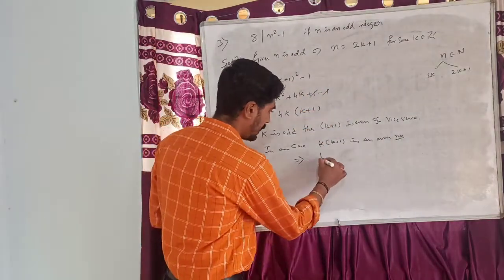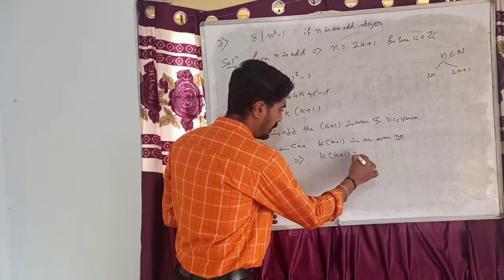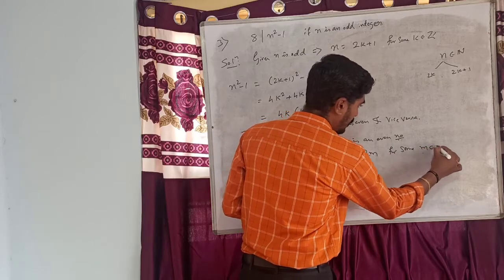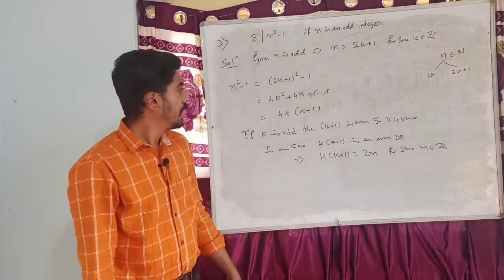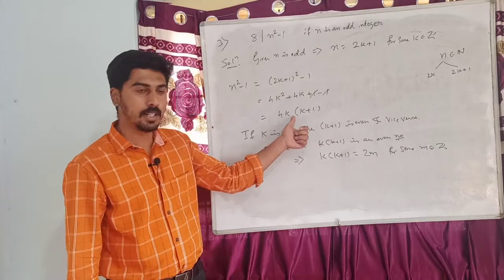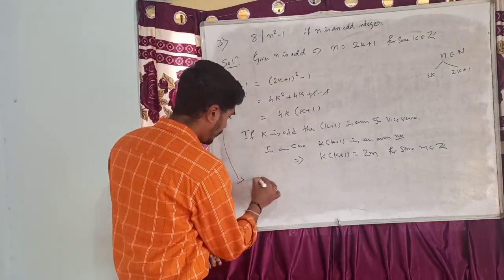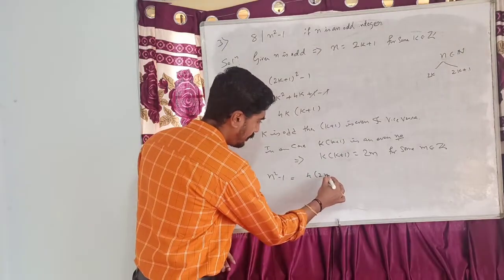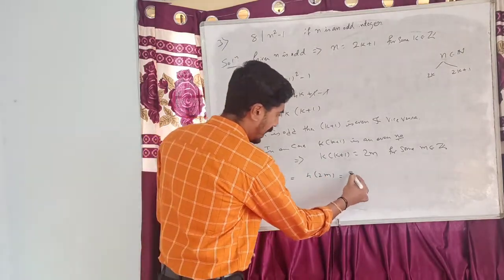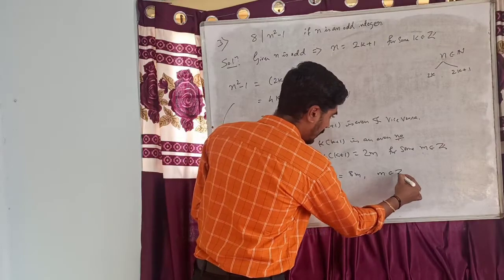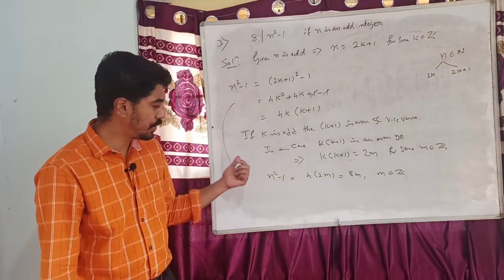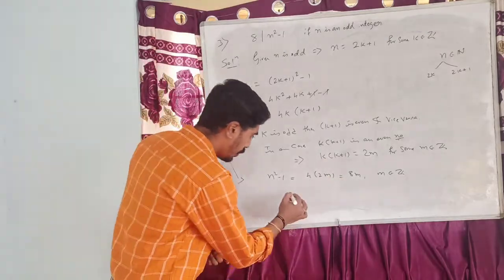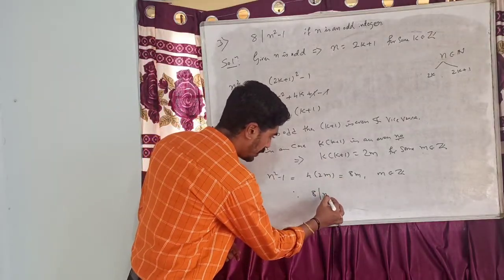This implies k into k plus 1 is equal to 2m for some m belongs to Z. If I substitute this here, I get n square minus 1 is equal to 4 into 2m, which is equal to 8m, where m is an integer, and hence we have shown that n square minus 1 is an integral multiple of 8, and therefore 8 divides n square minus 1.